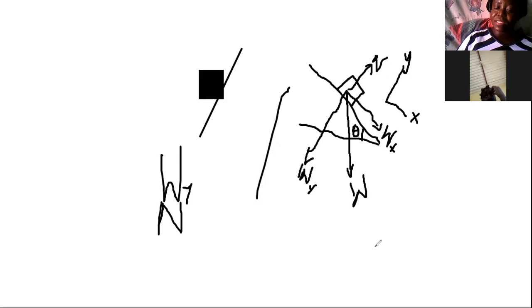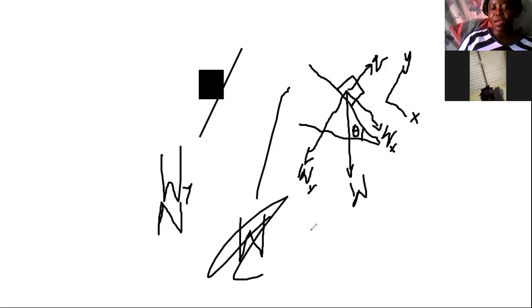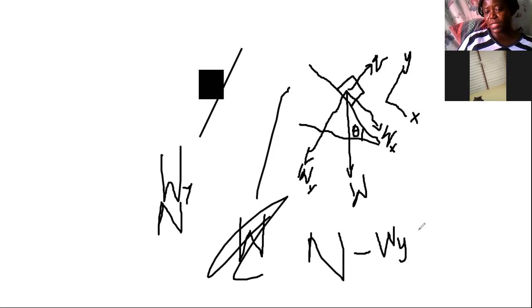Let's say this object is not moving. If this object is in equilibrium, then we have a normal force acting upward, which is positive, minus a weight, but this weight is the one acting in the y component.